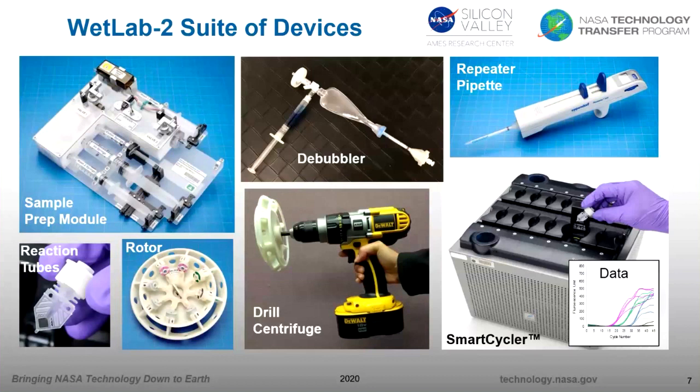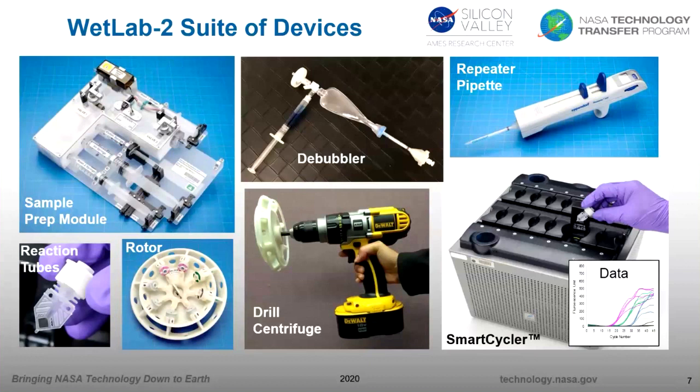In the bottom left, we pipette the sample into reaction tubes that have the lyophilized reagents already in them, and they go on a rotor. The rotor is about 6 inches in diameter. The reason for that is so we can use it as a mini centrifuge and run it just by spinning it on the Corvus drill that's up on station already.